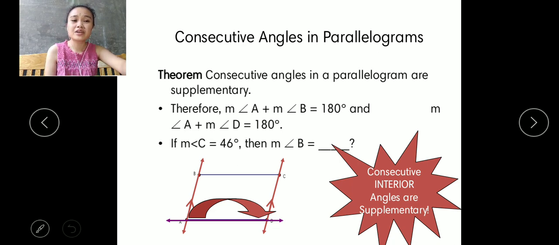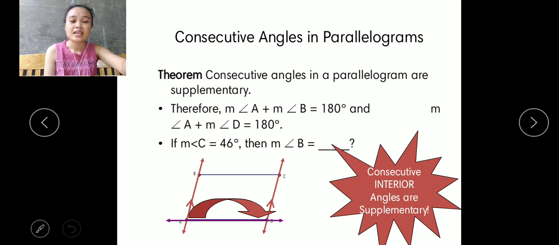For example, if the measure of angle C is equal to 46, then the measure of angle B is equal to, now the first thing to do is to look at the two angles. Are the two angles consecutive angles? If yes, then you can use the theorem. Angle C and angle B in the illustration are consecutive angles, so they are supplementary.